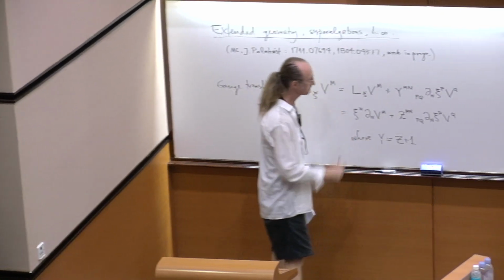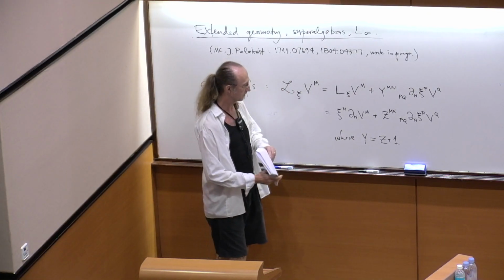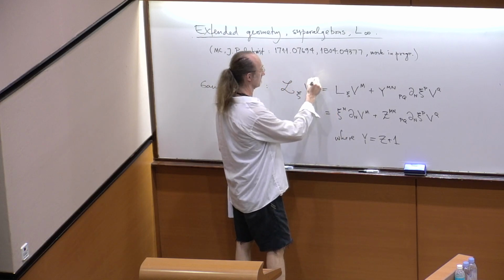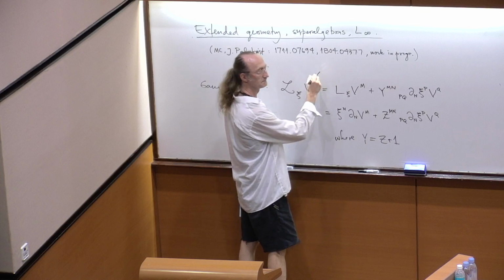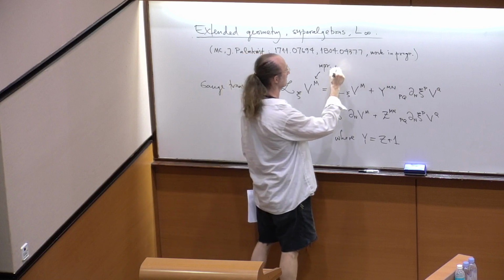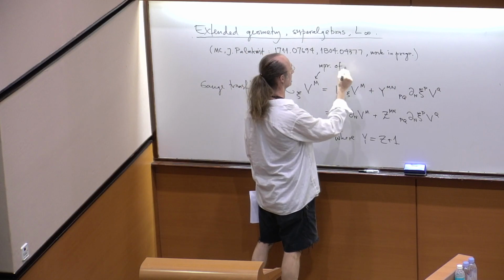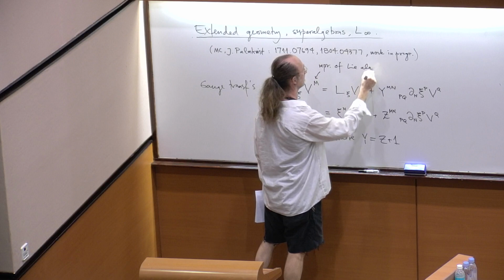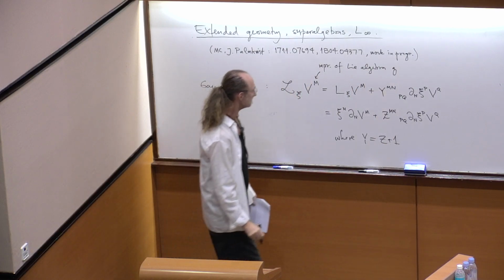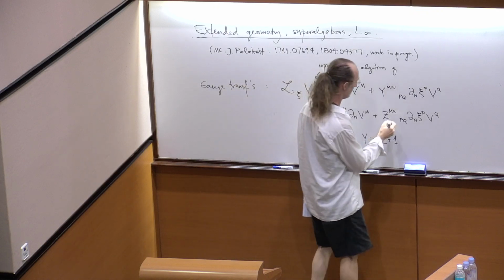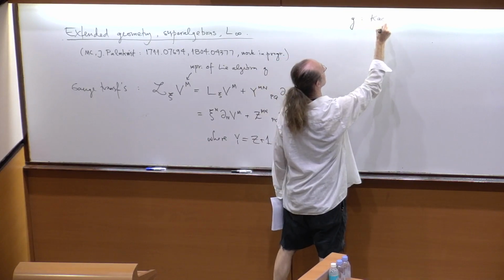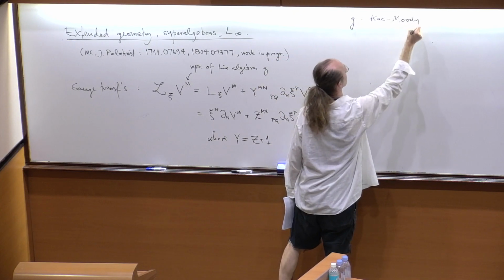Now, what does this mean? What are these letters? This is an index that labels a representation of a Lie algebra, G, which is a Kac-Moody algebra.